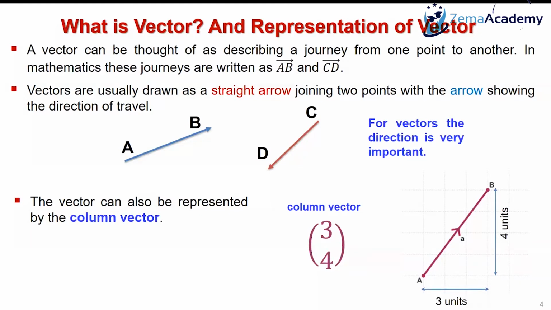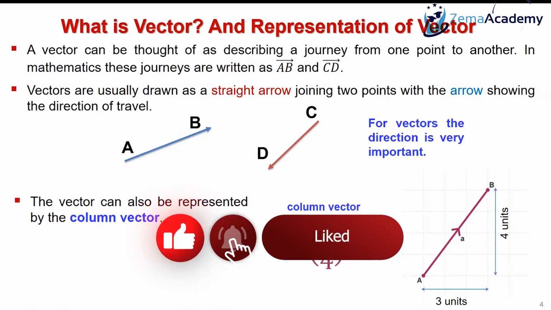Now, a vector can also be written as a column vector. As you can see over here, this 3, 4 is the column vector.